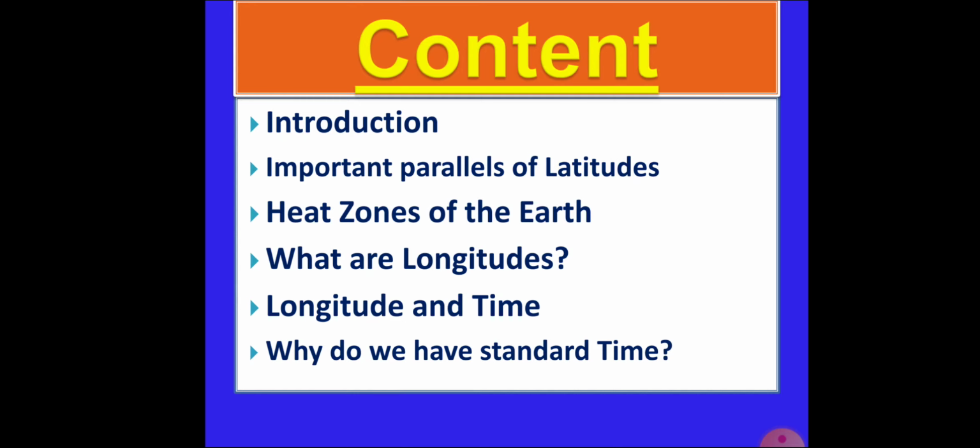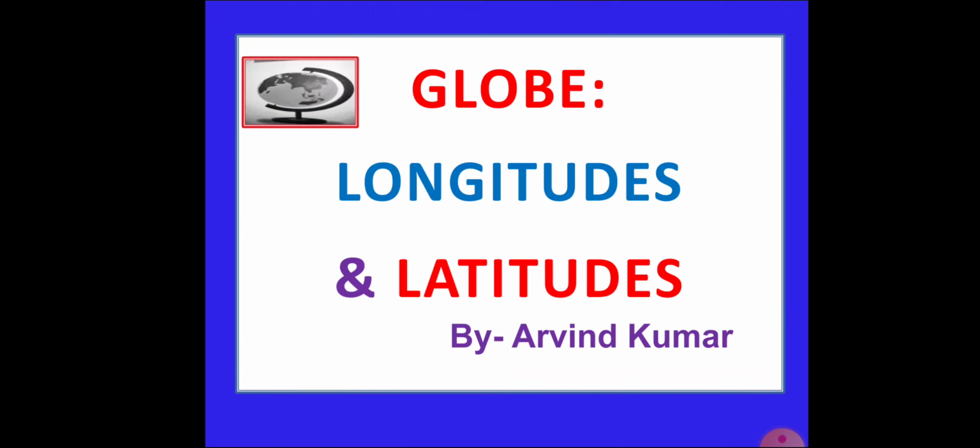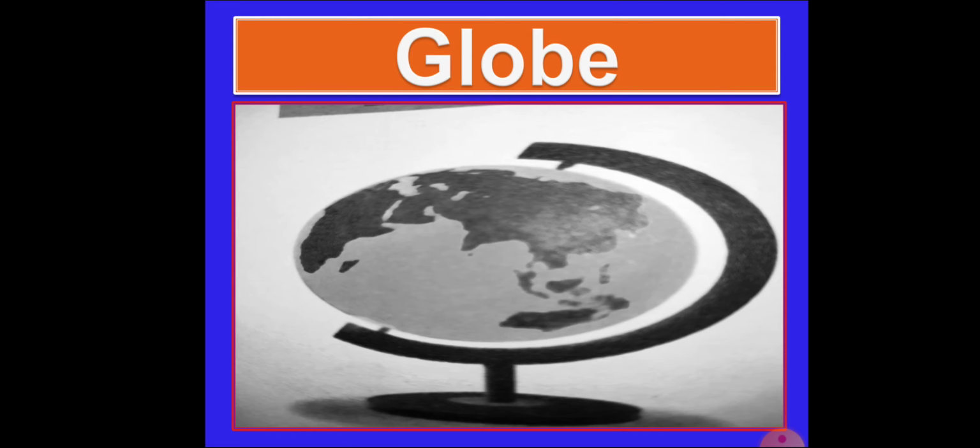So first of all, as we all know, the chapter's name is Globe, Longitudes and Latitudes. Here we have one picture of a globe. Now you can understand that this globe looks like a true model of our earth.